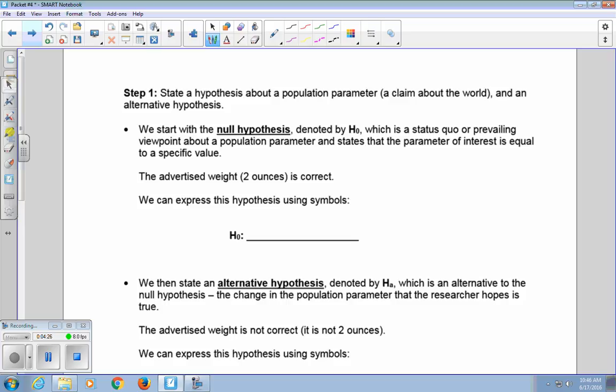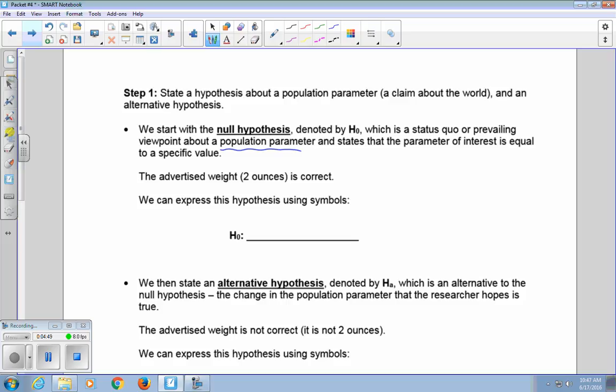So we start with the null hypothesis, which is denoted by H0, which is a status quo. It's like what we already believe. It's the viewpoint that's out there about the population parameter. It states that the parameter of interest is equal to some specified value.